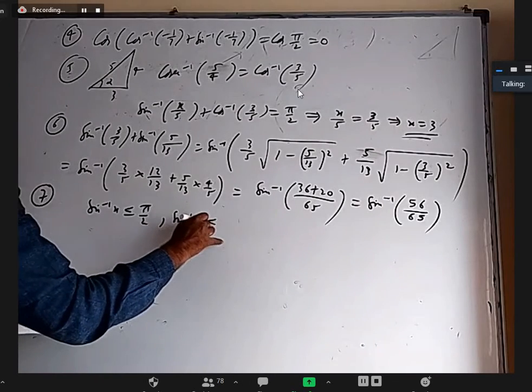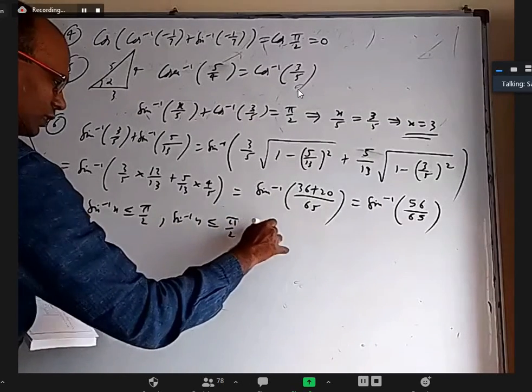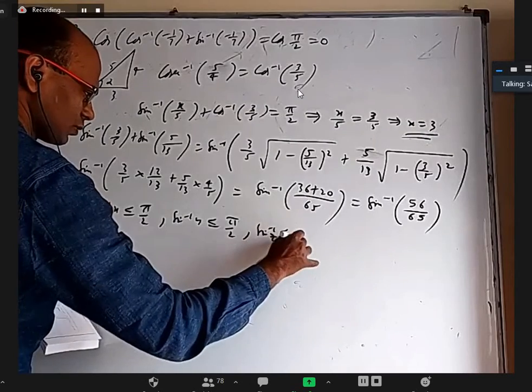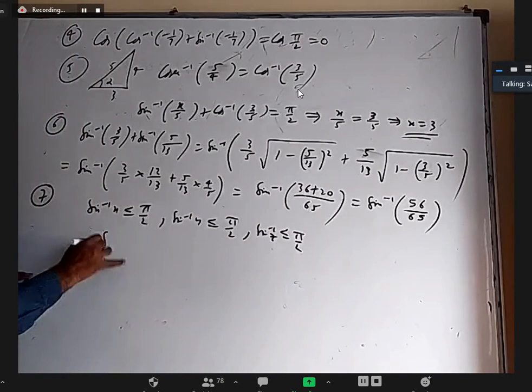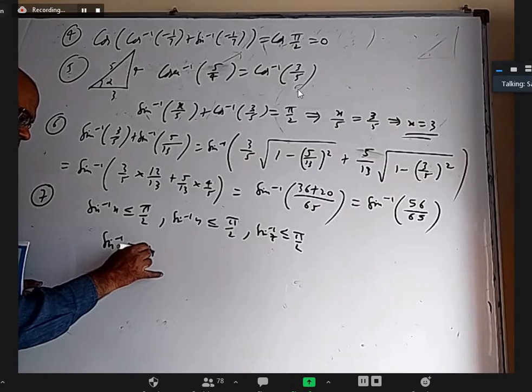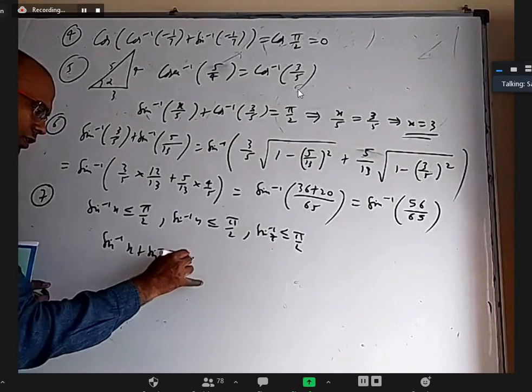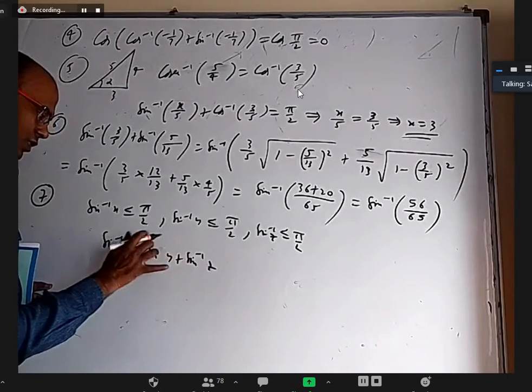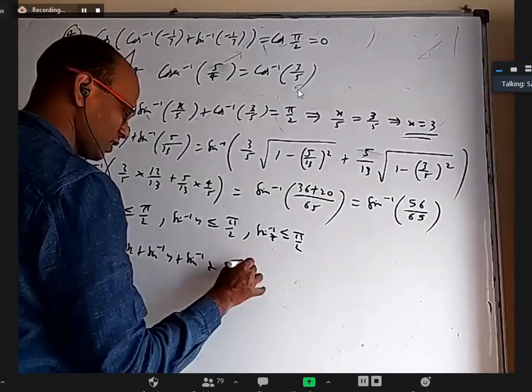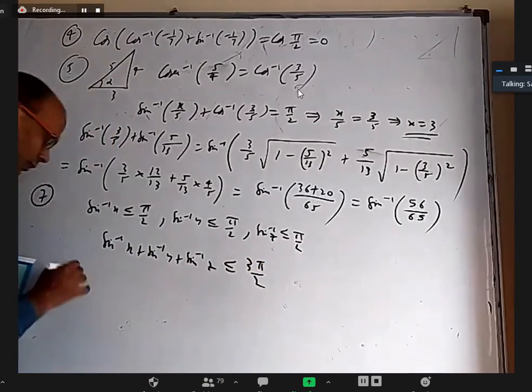Similarly, sin inverse y is less than or equal to pi by 2, and sin inverse z is less than or equal to pi by 2. When I add them, I'll get sin inverse x plus sin inverse y plus sin inverse z is less than or equal to 3 pi by 2.